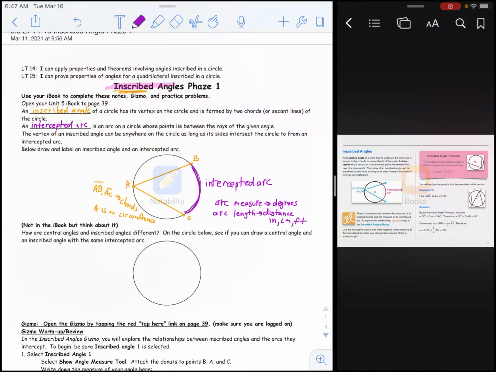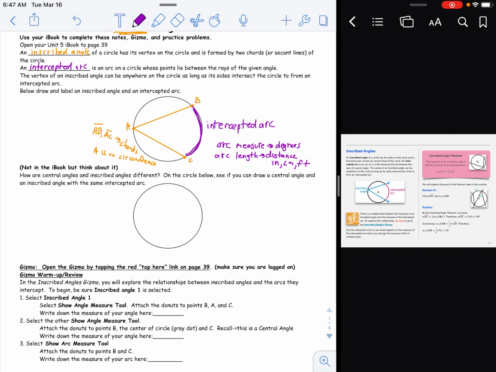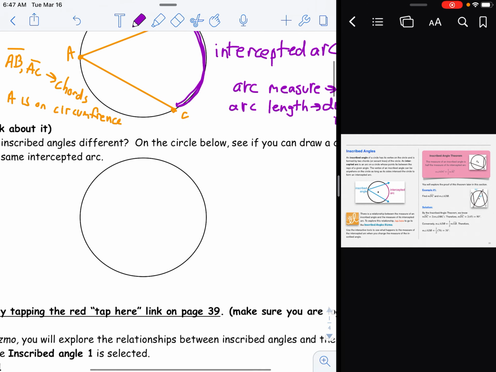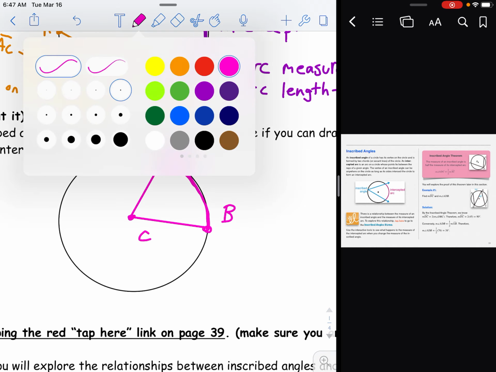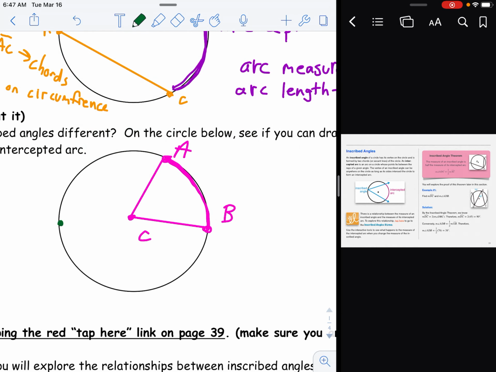So this is not in the iBook right here, but let's think about it. Let's make this a little bit bigger and compare and contrast a central angle and an inscribed angle. Let's just focus on, we'll call this AB. We have some intercepted arc AB. Well, if this is circle C, that's a central angle.